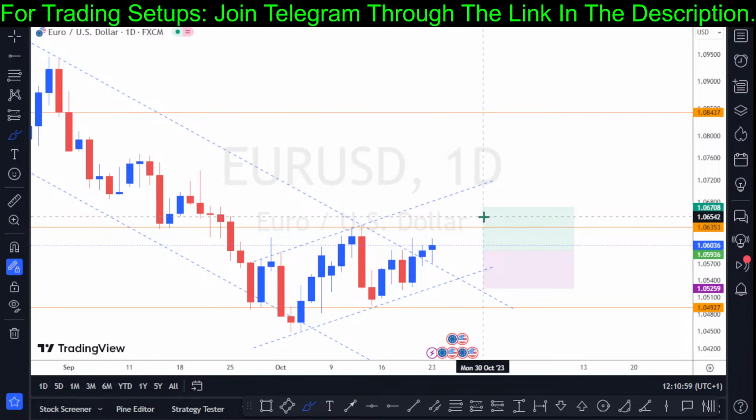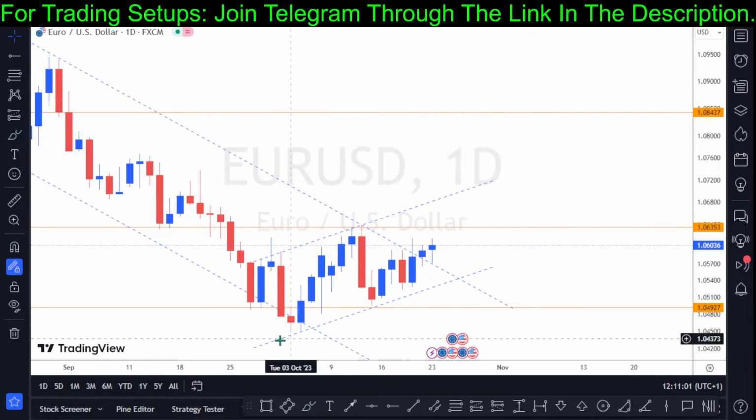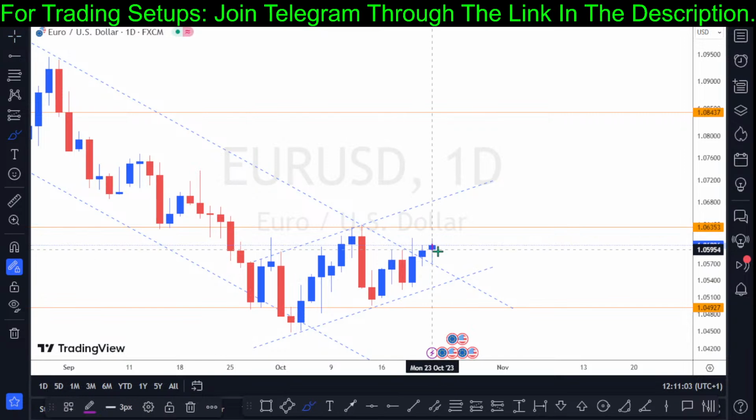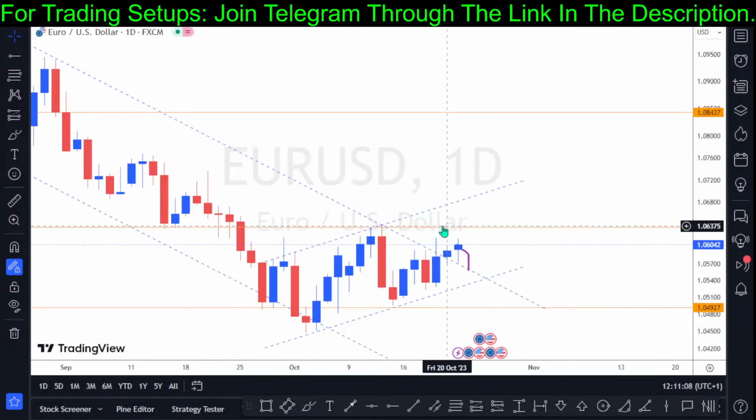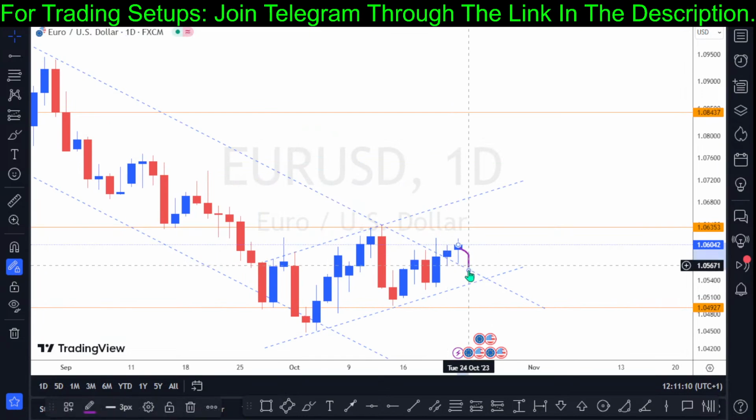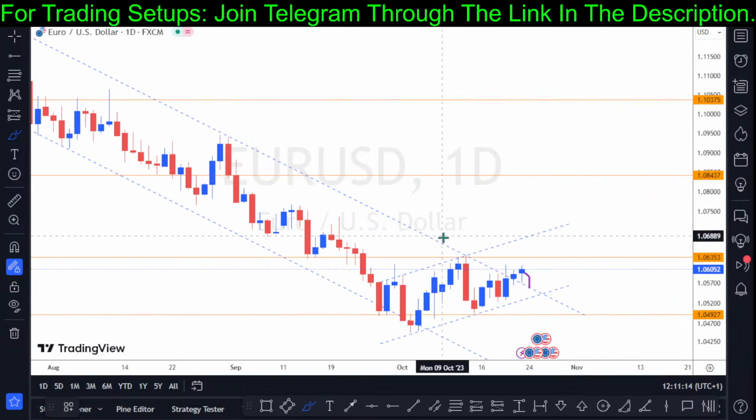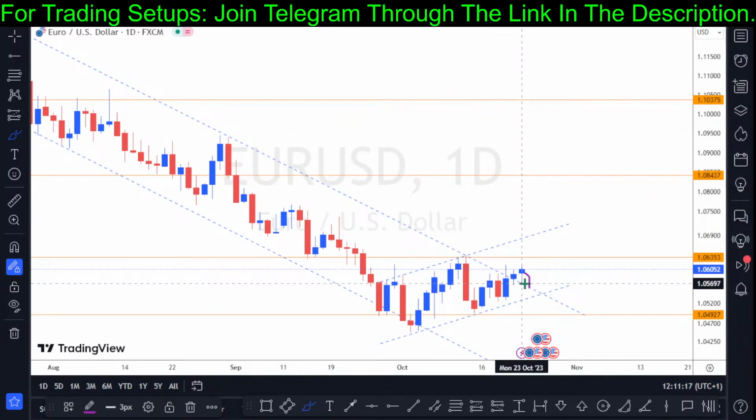Alternatively, if the price should gravitate down and then close below the structure right here today, which is on the Monday, or if price should do that at any time and then close below the upper band of this channel right here, price could still gravitate down to test this lower channel.